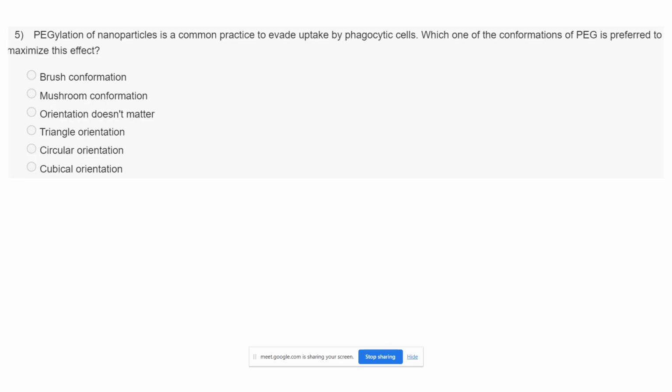Which conformation of PEG is preferred to maximize the effect of evading uptake by phagocytic cells? Option B, ma'am. Brush. That is option A. Yeah, sorry, ma'am. Option A. Brush conformation. Okay.